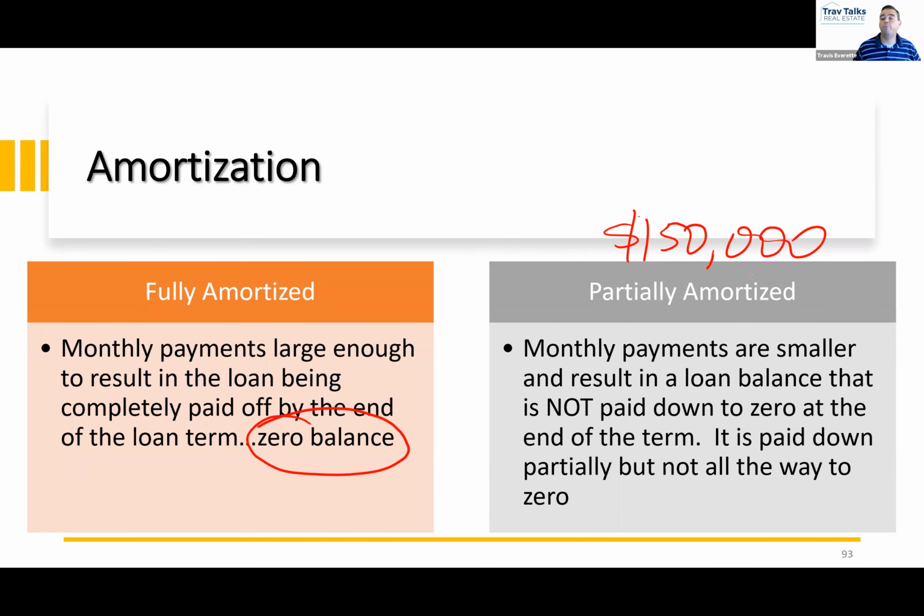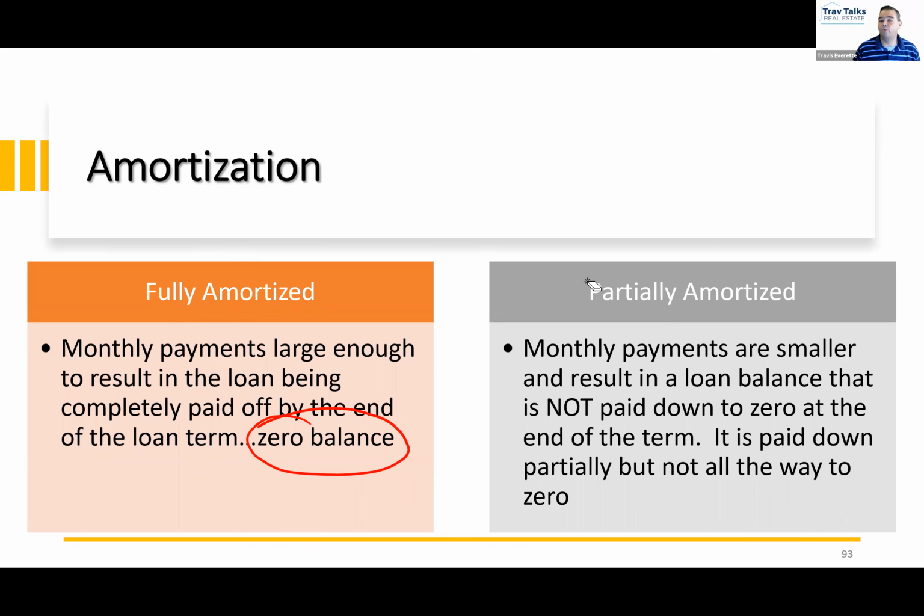How long would we have to pay that $150,000? Immediately. In how many payments? One. So here's what you should think of with a partially amortized loan. You got a lot of regular monthly payments, which are all the same, but then one big whopper at the end. Does that make sense for everybody?